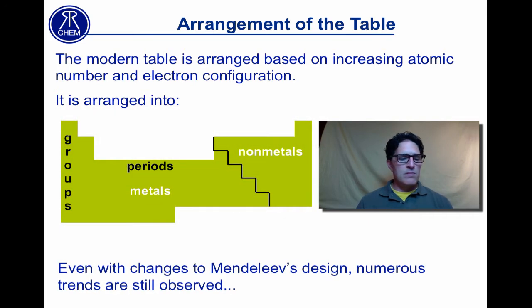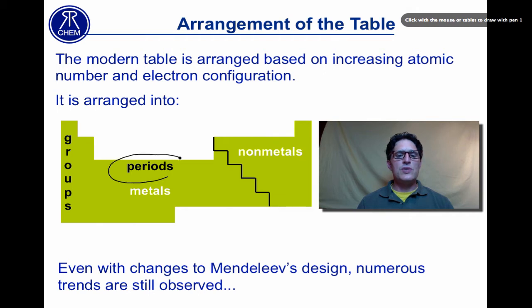This diagram is just a diagram of a periodic table, and you can see that the horizontal rows are called periods. So they would extend horizontally. You can see the separation between the metals and the non-metals.